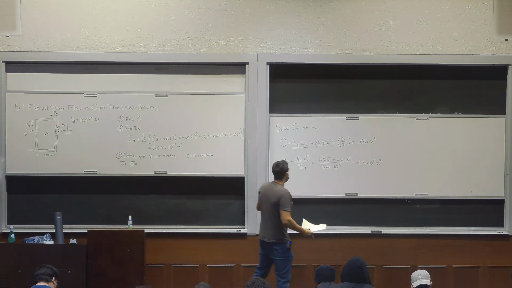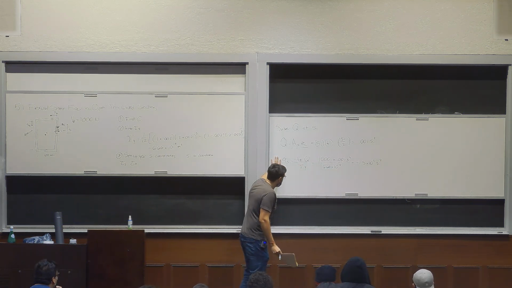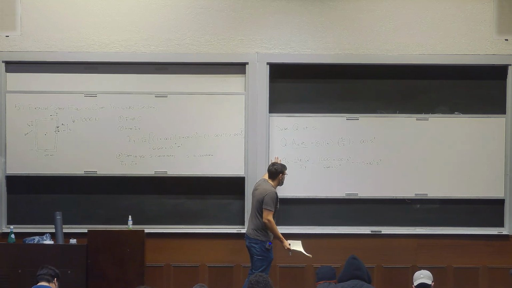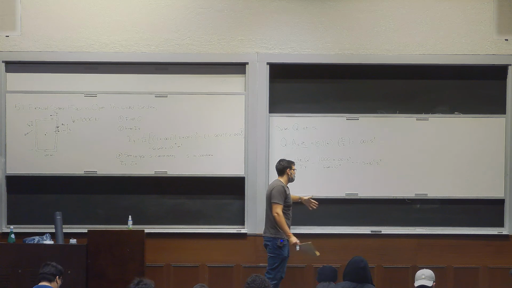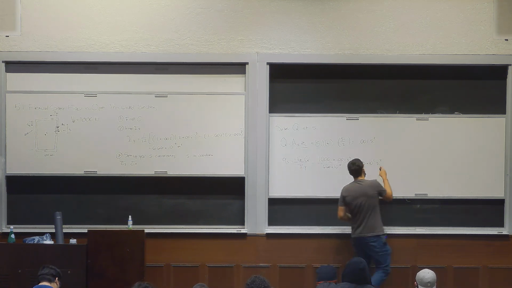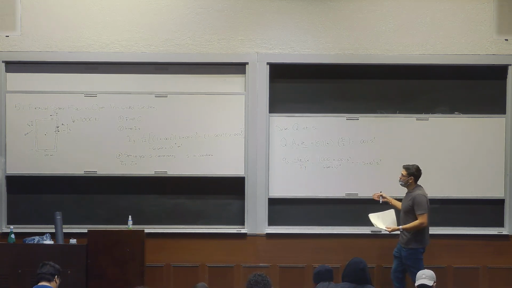So this is how the shear flow and also the shear stress vary with S1. As you can see, it's a parabolic distribution.